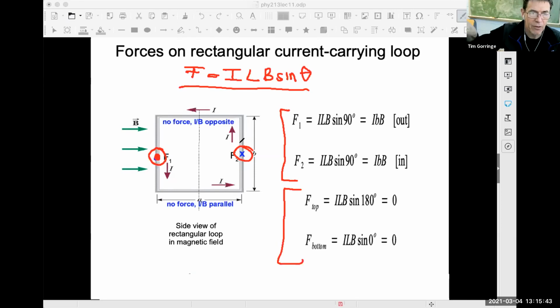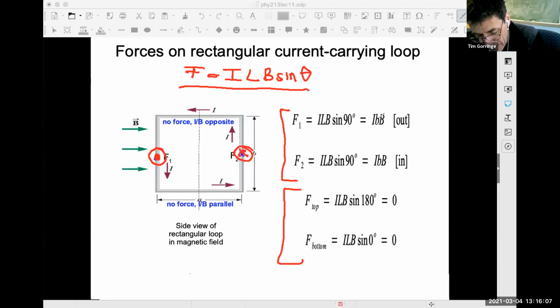Again, remember, you're seeing this in a camera, so my left pointing fingers become my right pointing fingers and vice versa. You've got to do this yourself. But if I do this, I find that because the current is reversed, the force has reversed too. Now it's into the screen.